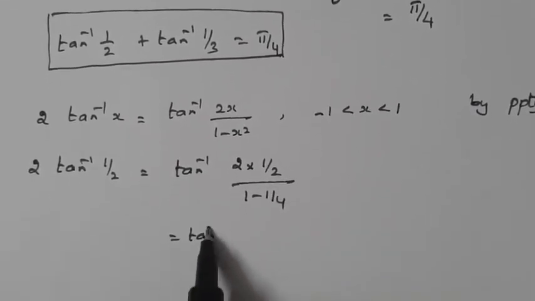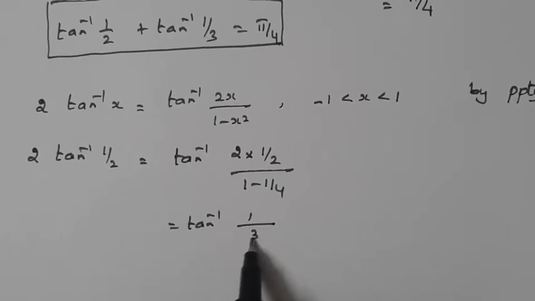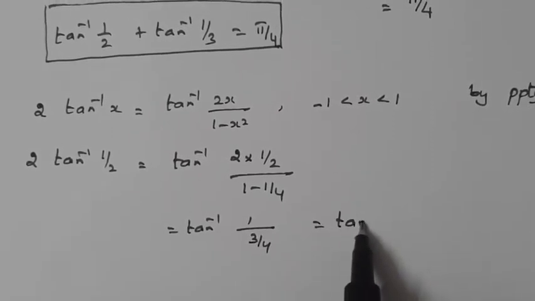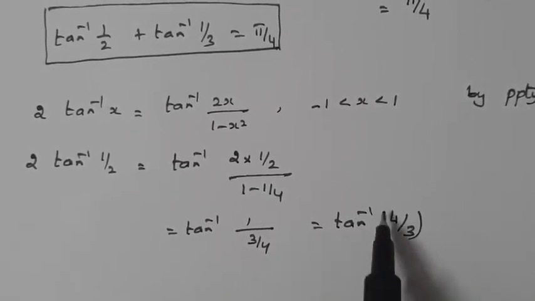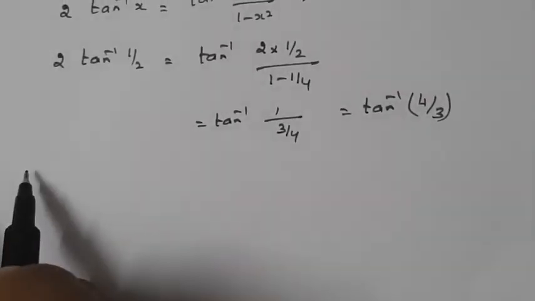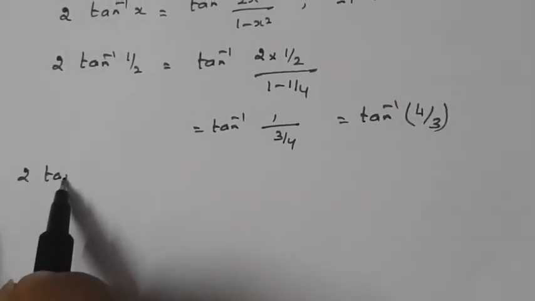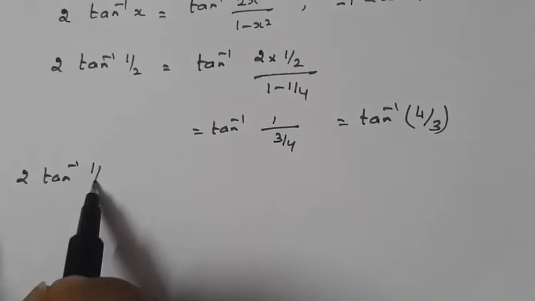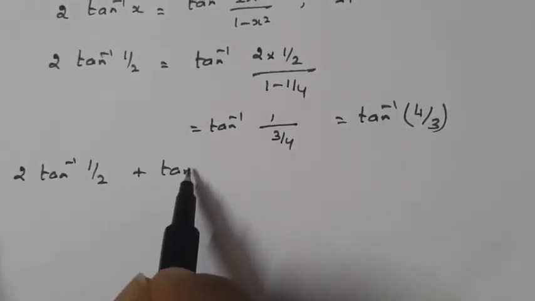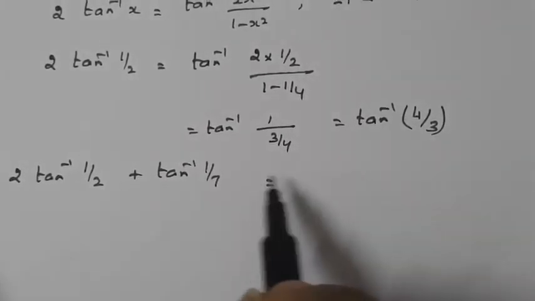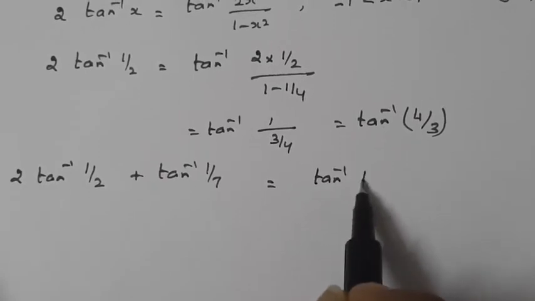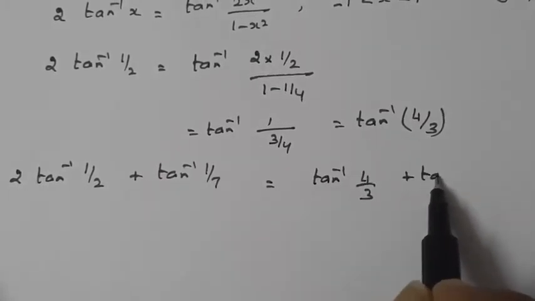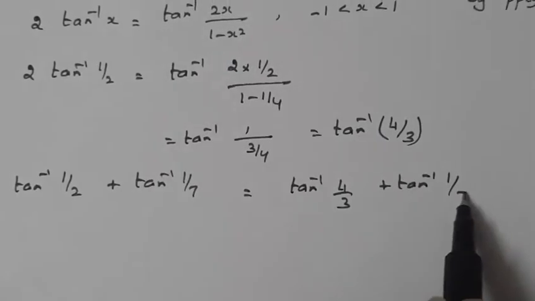That is tan inverse of 1 divided by 3 by 4, which is equal to tan inverse of 4 by 3. Therefore, the given expression now takes the form tan inverse of 4 by 3 plus tan inverse of 1 by 7.